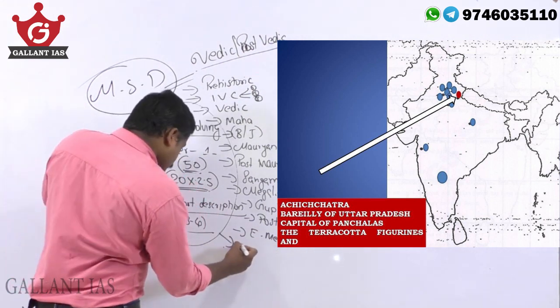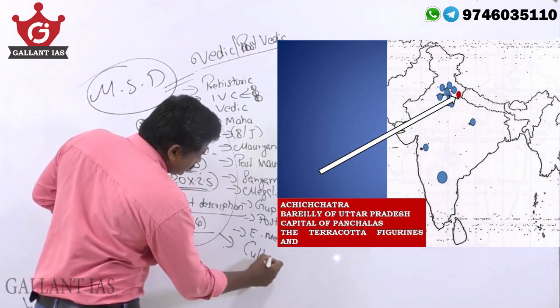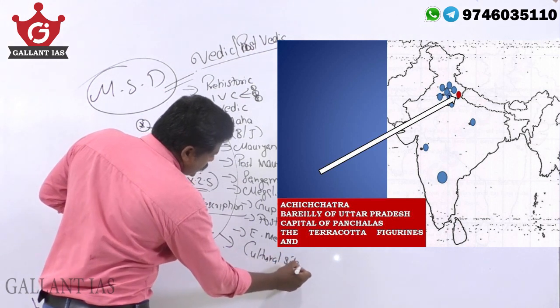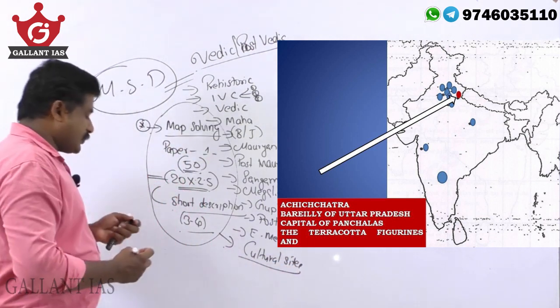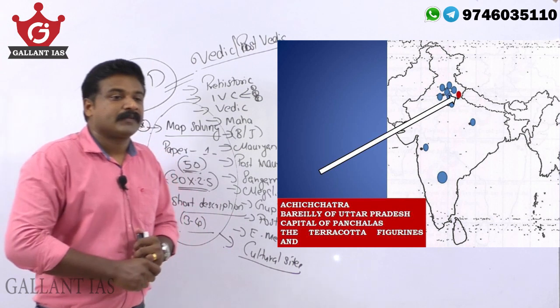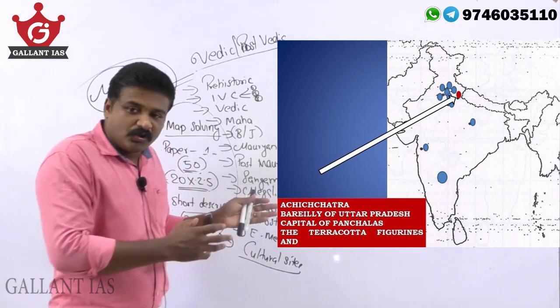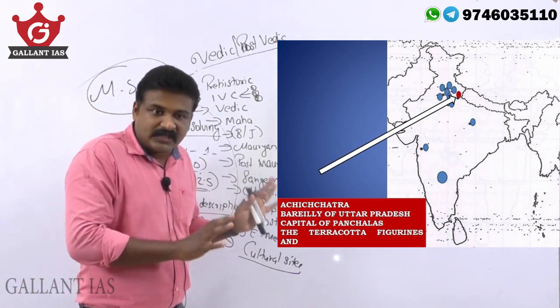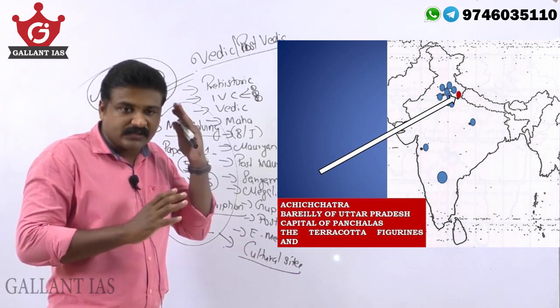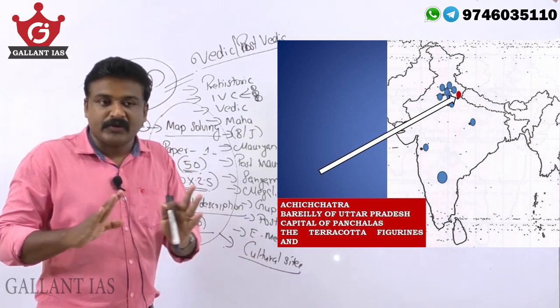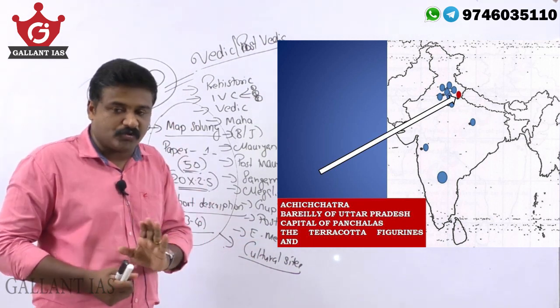Also we cover cultural sites of ancient and medieval age. So this is our strategy in our mapping. So this must be fed in your mind when you approach this map solving of history optional.